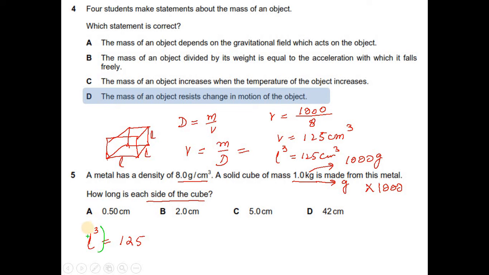That means you take power 1/3 on both sides. This is the cube root. You can use your calculator to find the cube root. So the 3 and 3 cancel, so L is equal to the cube root of 125, which is 5. That means the length is 5 centimeters, so your option is C.